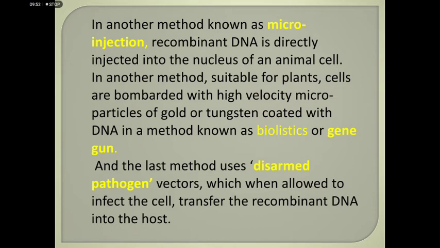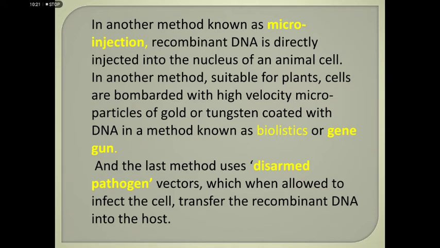In another method, suitable for plant cells, cells are bombarded with high velocity microparticles of gold or tungsten coated with DNA, in a method known as biolistics or gene gun. These micro-injection and gene gun methods are adopted as advanced, and the last method used is the disarmed pathogen.